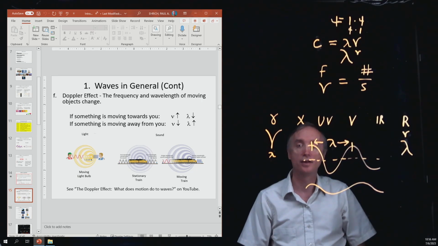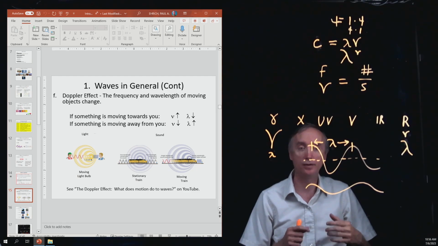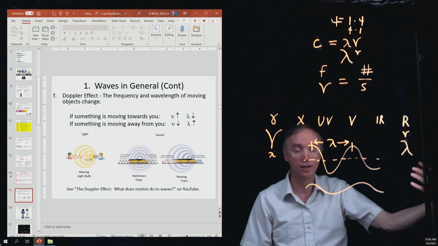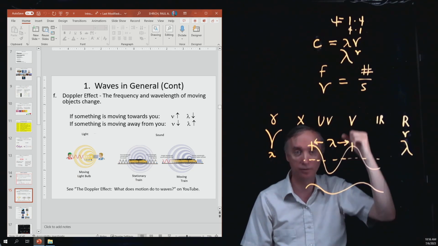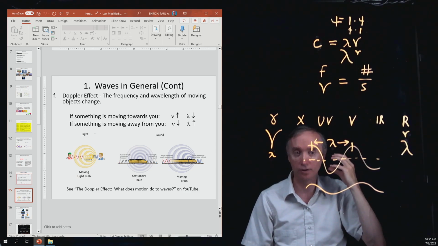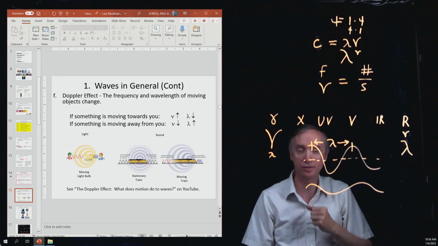For example, if a train is moving towards you and blows its whistle, what you hear is that the frequency of the sound is going to change, and so is the wavelength.